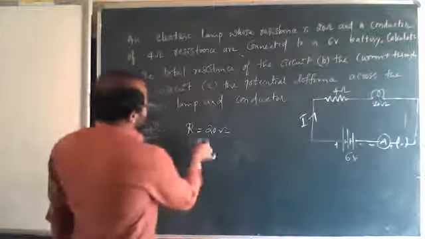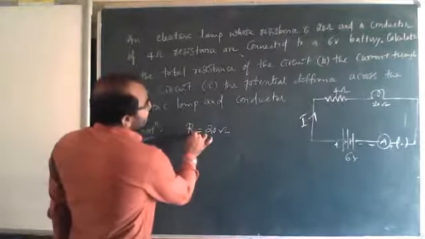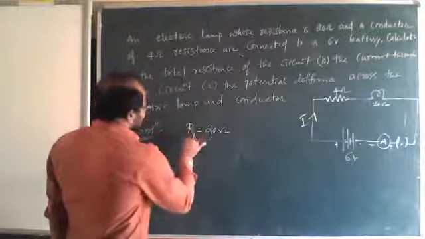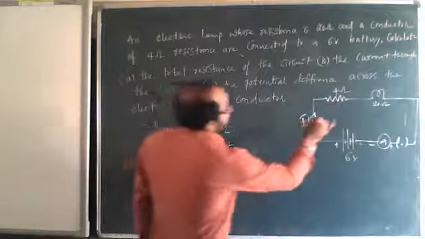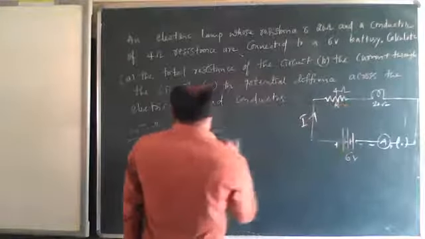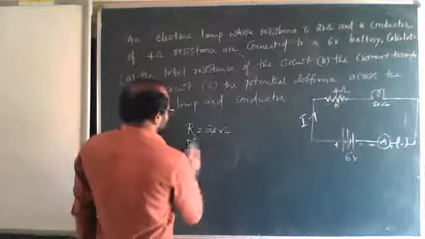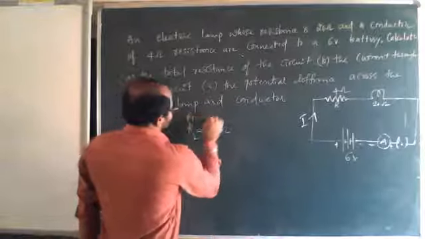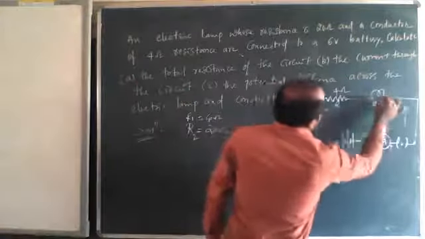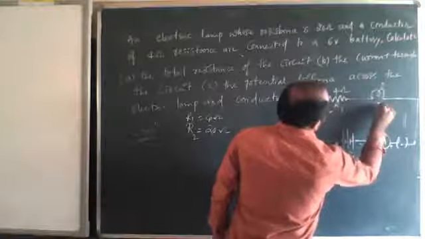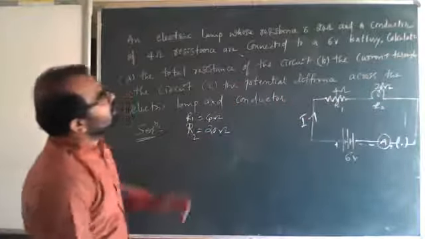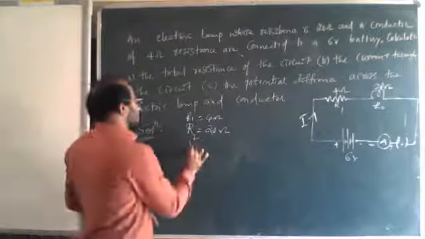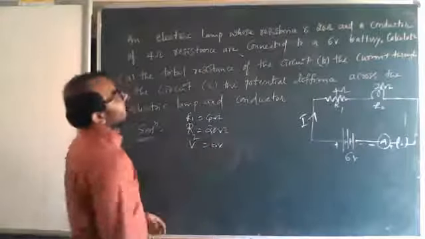Let this be R1, which is 4, and this be R2, which is 20. Now see here, connected to a 6 volt battery, the potential difference is 6 volt.